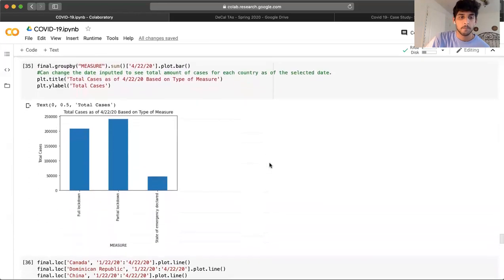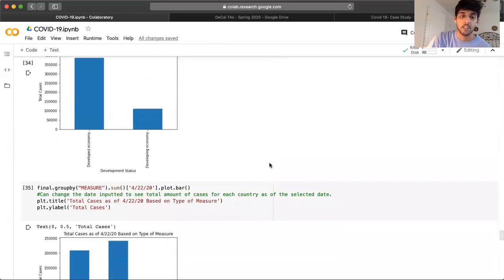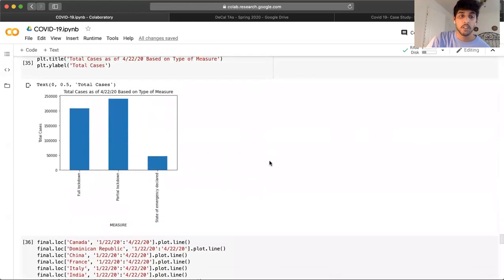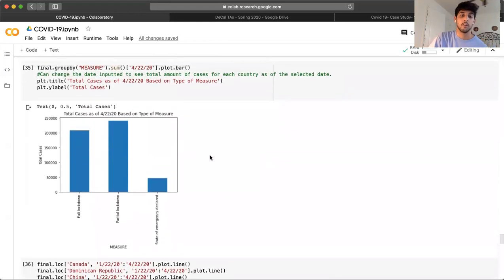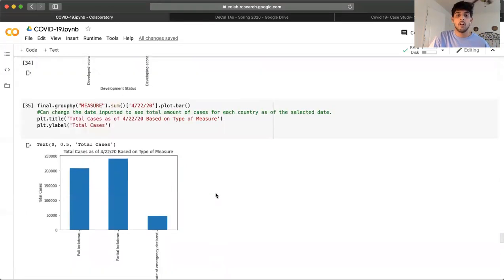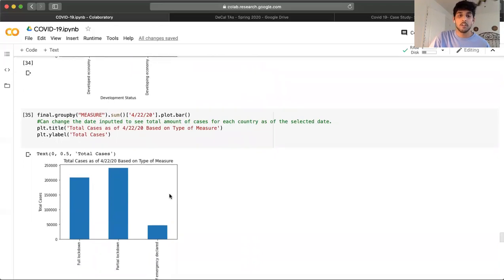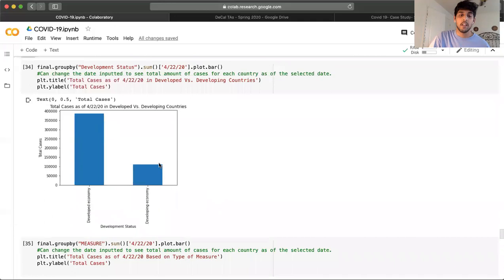Finally, just like how the countries were divided up into developed and developing economies, the countries were also divided up based on the type of measure they have enacted in order to prevent the spread of coronavirus. So here we have 2 countries on full lockdown, 2 countries on partial lockdown, and 2 countries declared a state of emergency. And I have summed each up similarly to what I did with development status.